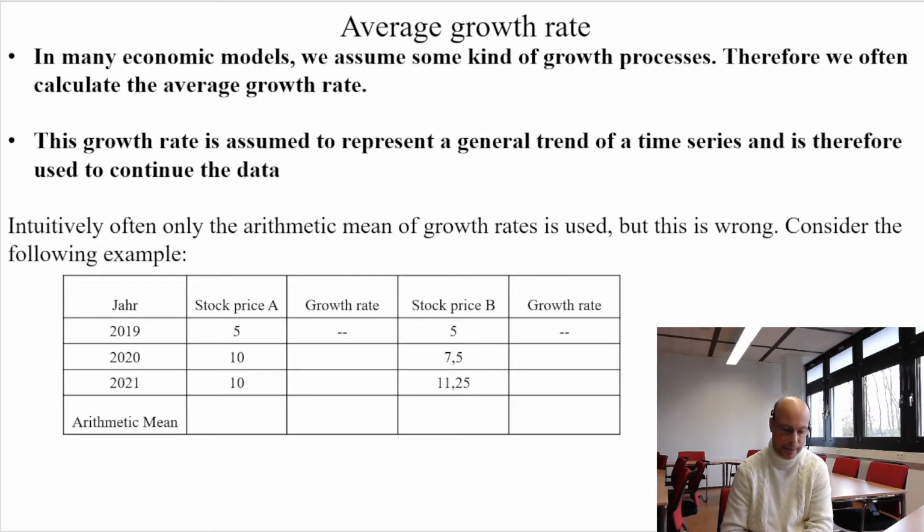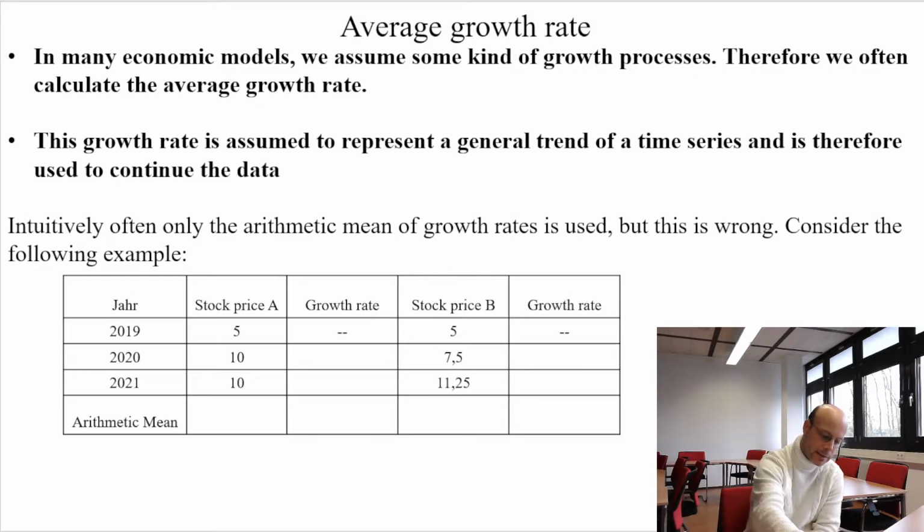For this, I brought you a very simple example, because quite often, in order to calculate average growth rates, we just take the arithmetic mean, and this is actually not right. We can have a look at this example here.